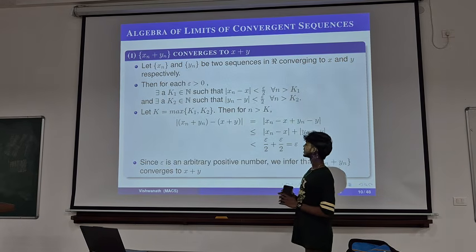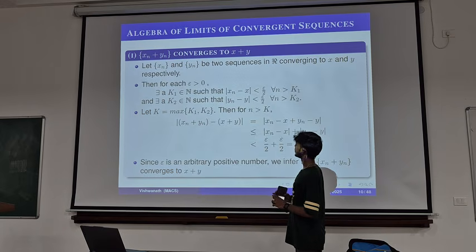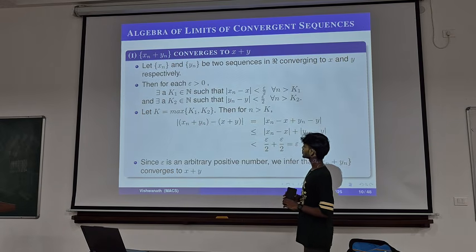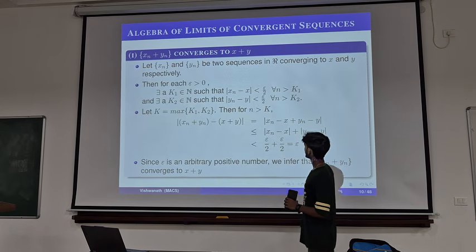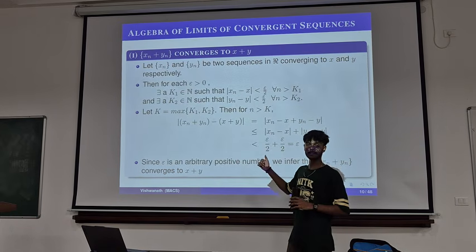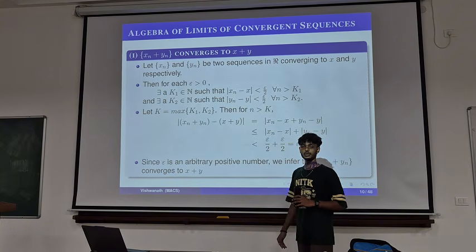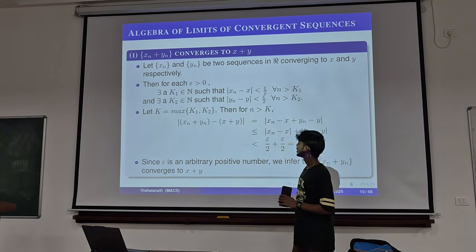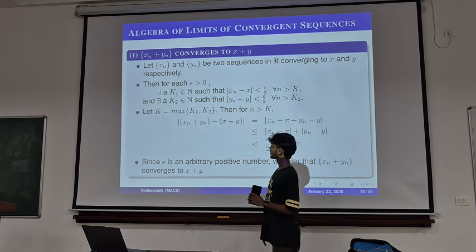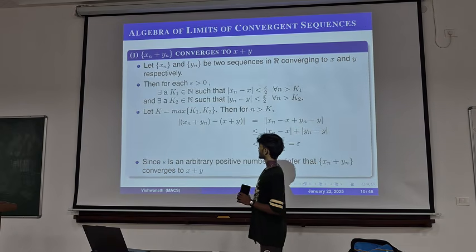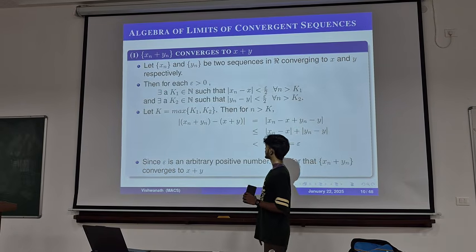And also let's take k2 which belongs to natural numbers such that the modulus of yn minus y is less than epsilon by 2. This is the epsilon-k method which we will be using to prove this theorem. And let us define k to be equal to the maximum of k1 and k2.